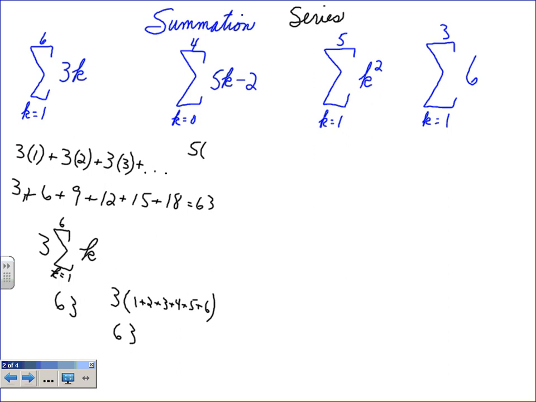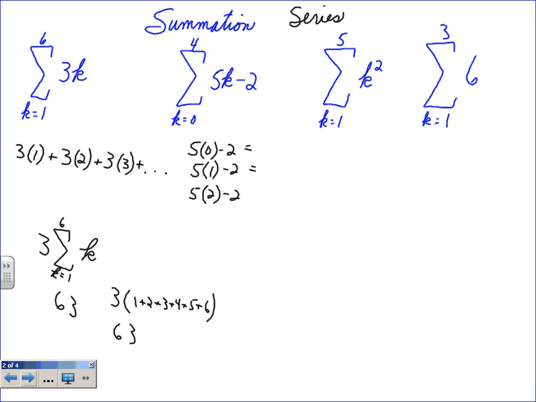So it would be 5 times 0 minus 2, 5 times 1 minus 2. Let me erase this here. 5 times 2 minus 2, and so on, and add up the results. Okay, that's how that summation symbol works.